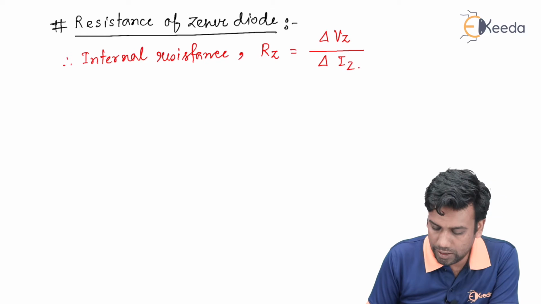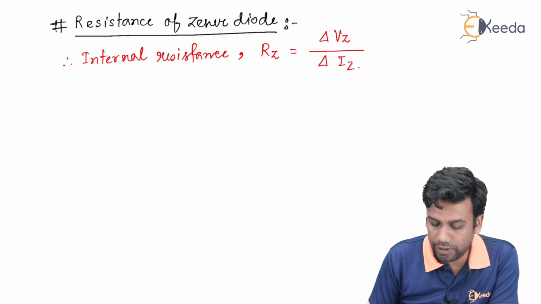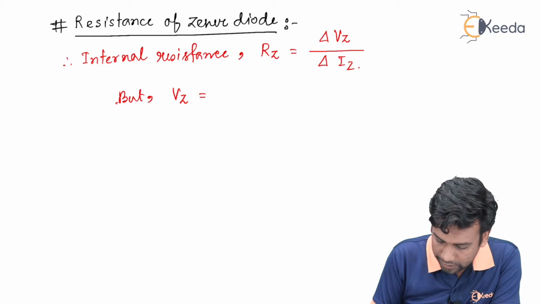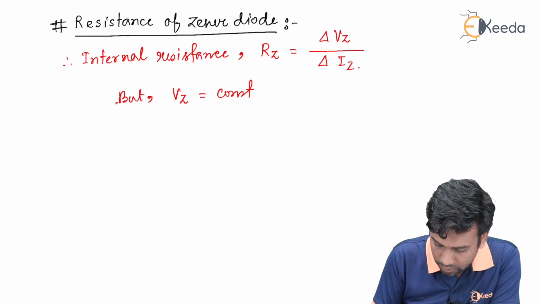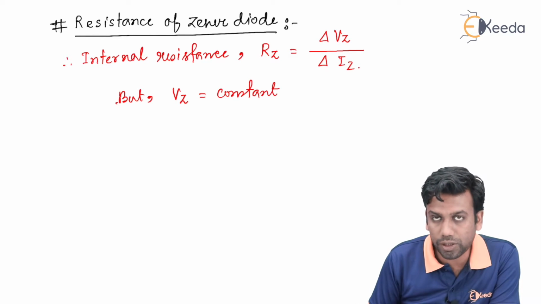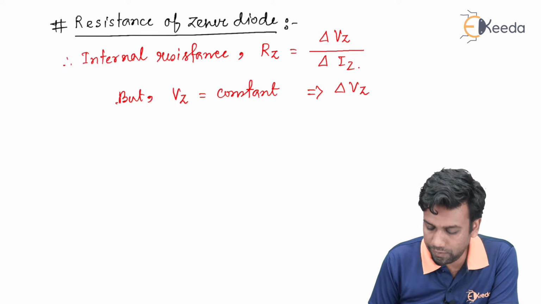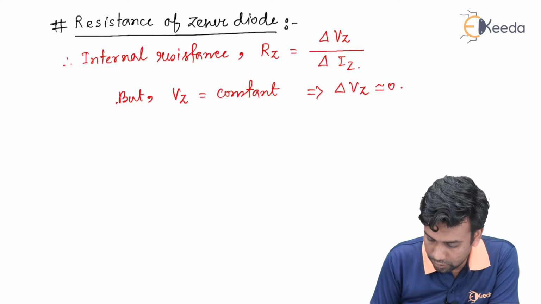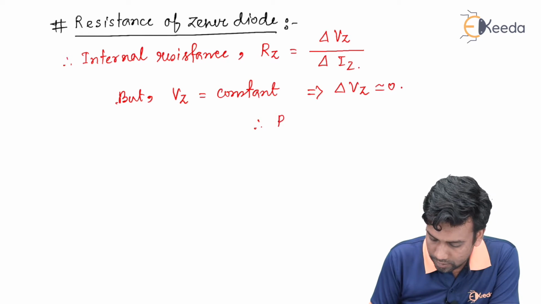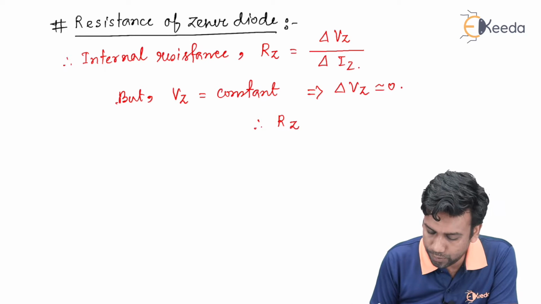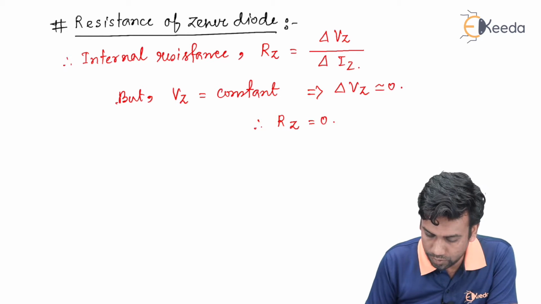And as we know that the Zener voltage, that is Vz, is nearly constant throughout the operation of the Zener diode, we can say that delta Vz, that means the change in Vz, will be nearly equal to 0, and hence the internal resistance or the dynamic resistance of the diode will be 0.